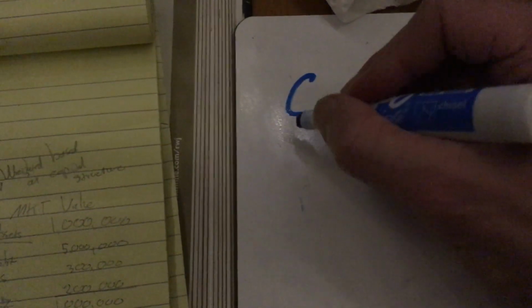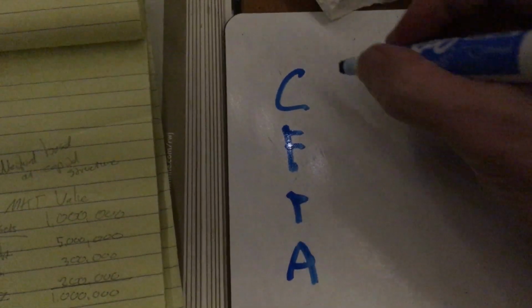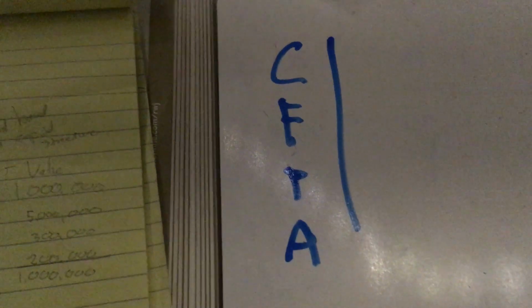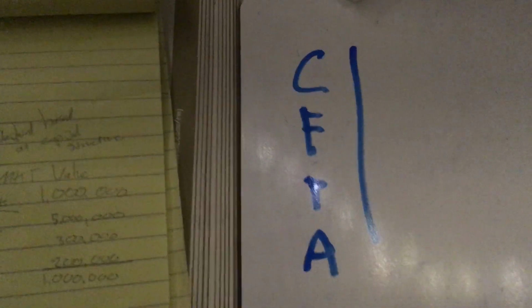So you might remember at the beginning of class we talked about cash flow from assets. What we said is that cash flow from assets is the money that our assets produce, and there's only really two uses for that money.